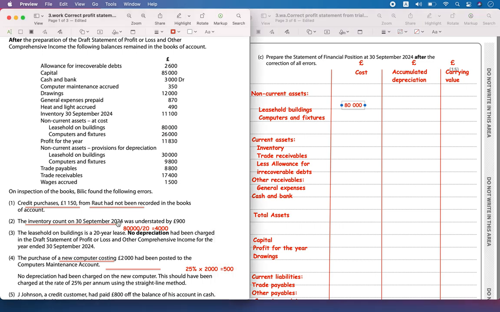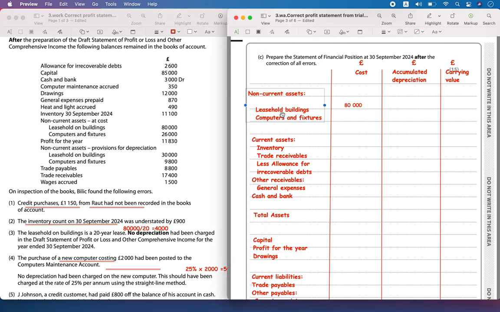And for the computer and fixtures, okay, there was a buying, so here we have to include for the computers and fixtures. Okay, actually we can also do the error correction and then proceed. So it is 26,000 plus 2,000. Okay, that is 28,000. Okay, let's correct all the errors and then proceed. Okay, it's easier that way.